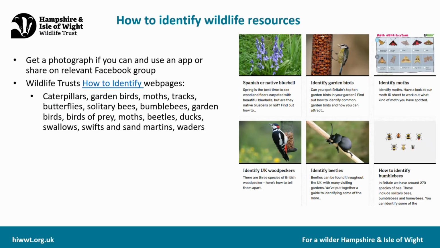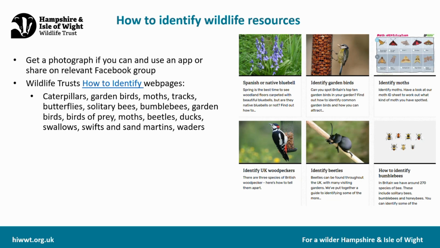So just to talk about some different wildlife resources. If you can get a photograph, that's great. And you can use the app or the Facebook group. That's really useful. And there are different resources like the Wildlife Trust's How to Identify web pages, which you can see an example of here.